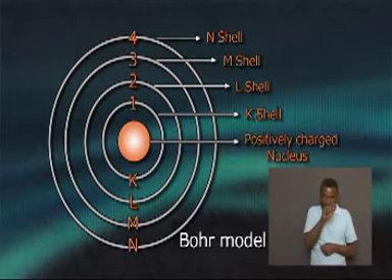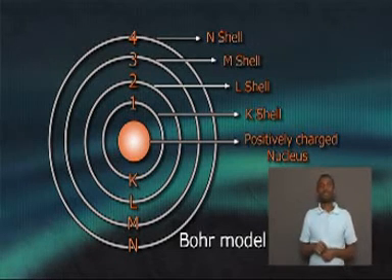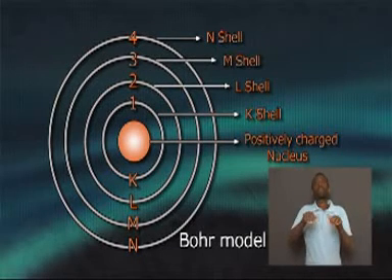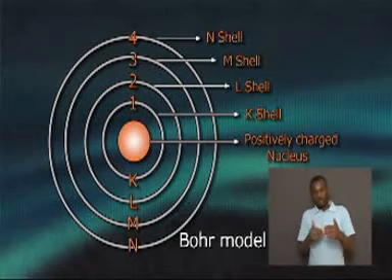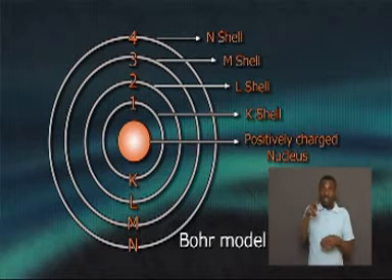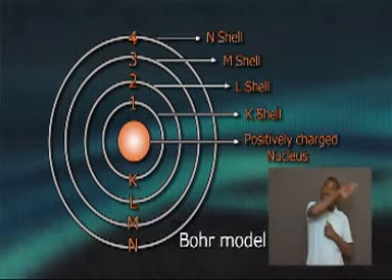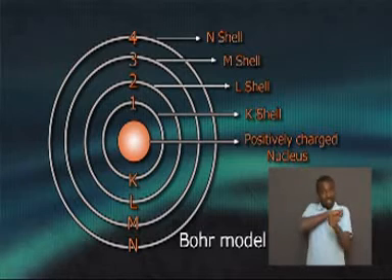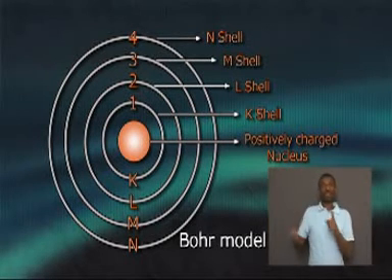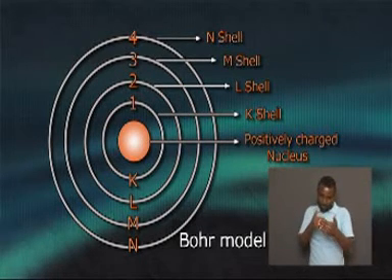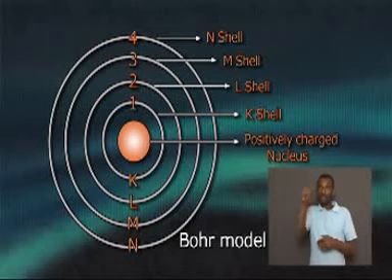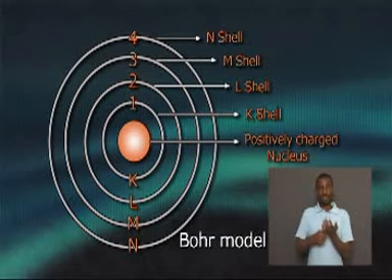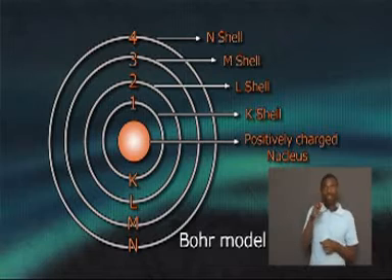An increase in energy will cause an electron to move from a closer ring to a further ring, and a decrease causes electrons to move closer. However, they will only gain or lose energy at the moment they transfer from one ring to the other.